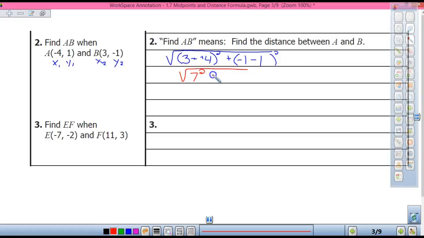So 7 squared plus -1 minus 1, -2 squared, 7 squared, so 49 plus 4, square root of 53 gives us 7.28. I do believe that's right.